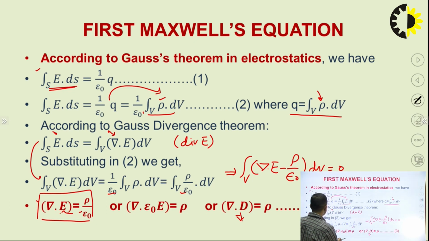Here we can write the law in differential form as del dot E equal to rho by epsilon naught, or in terms of the electric displacement vector D, del dot D equal to rho. These are the differential forms.